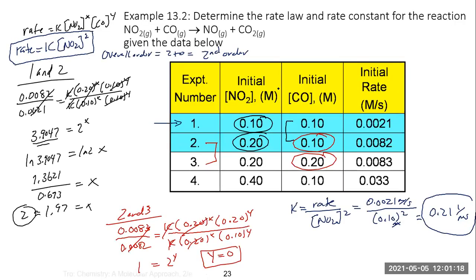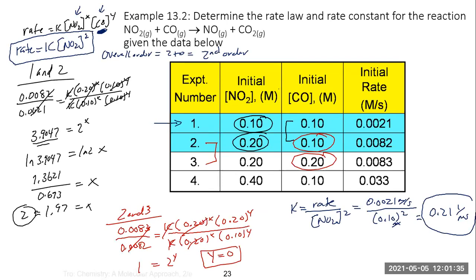How does that affect the rate of the reaction? Well, if you were looking to increase or decrease the rate of the reaction, and you decided to play with CO's concentration, it really would not have an effect on the overall rate, right?